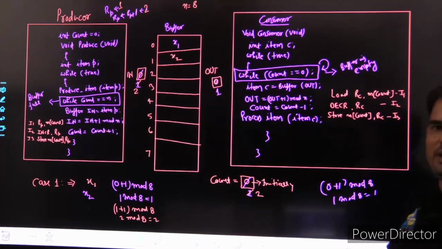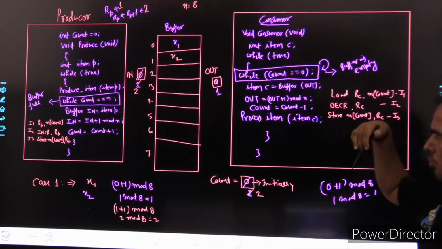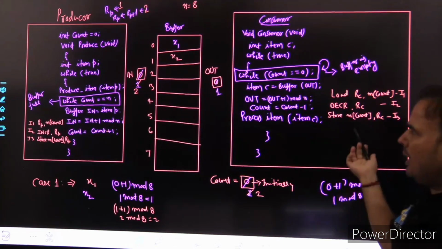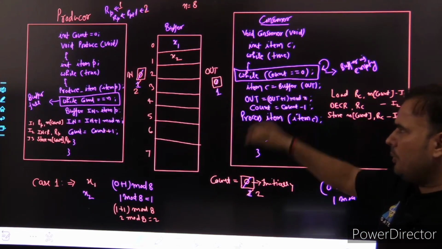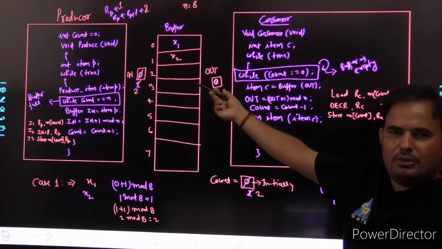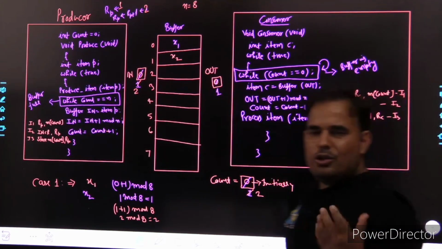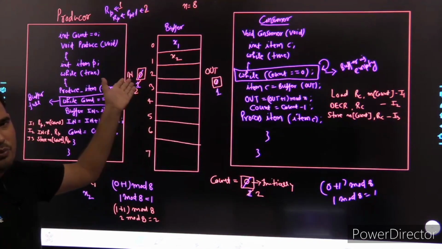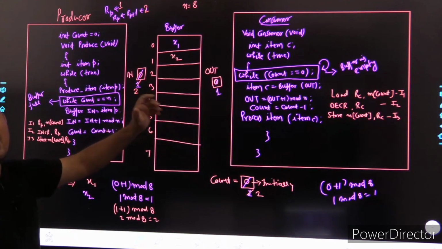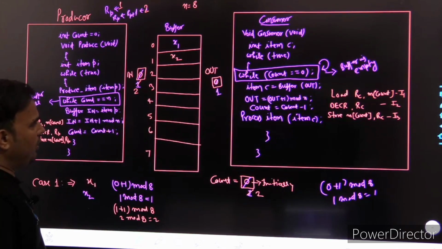It means if the consumer wants to consume the next item, it can consume from slot 1 of the buffer. As I told you, out is used by the consumer to identify from which slot it can consume the item from the buffer.